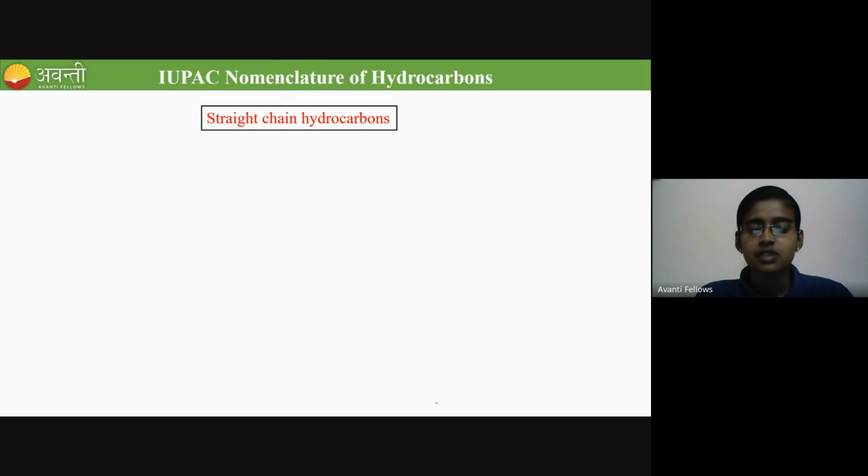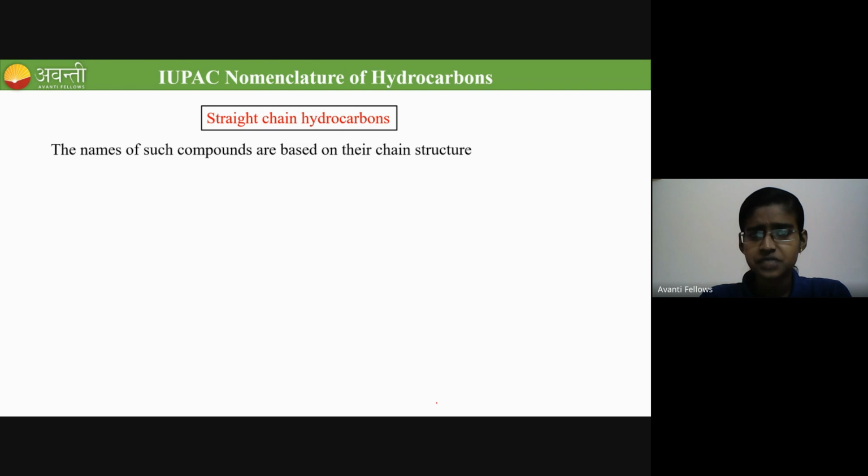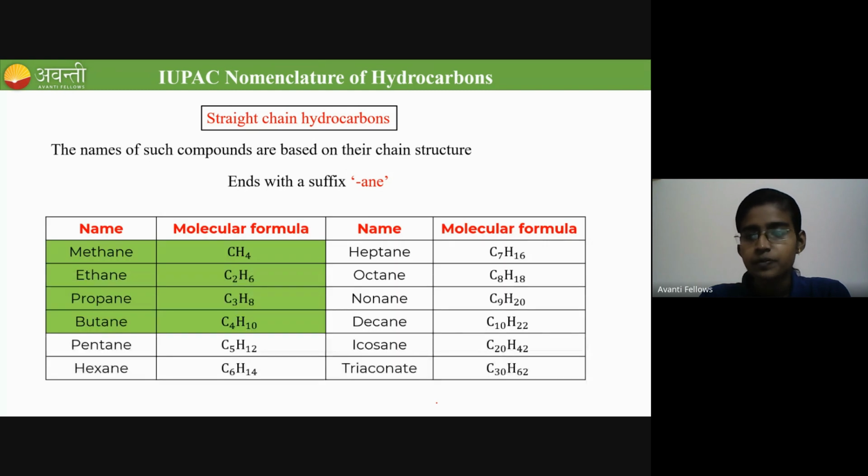Fine. So I'll go fast. As you all know the basics of this very well, I'll go fast. So coming to the straight chain hydrocarbons, how to name the straight chain hydrocarbons? The names of such compounds are based on their chain structure. Okay. And for hydrocarbons, basically for alkane, it ends with ANE. So just now we were discussing about this, right?